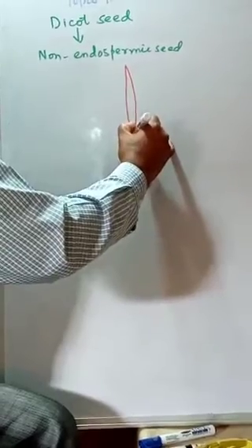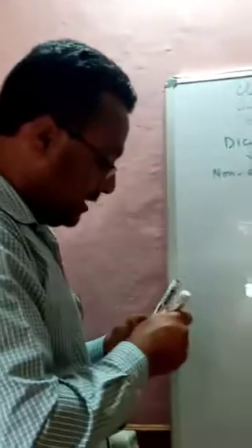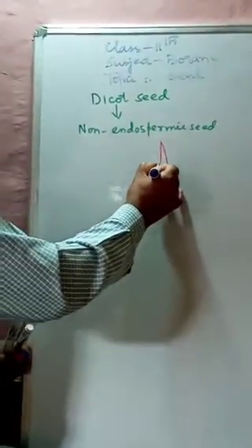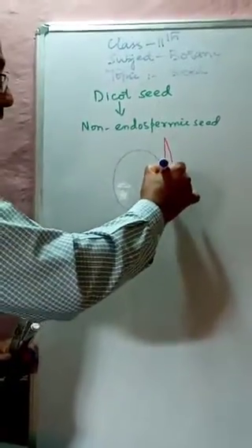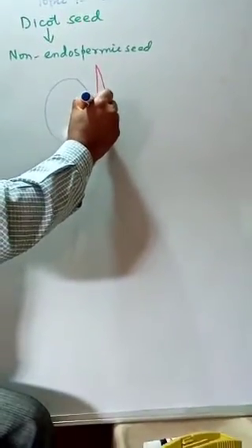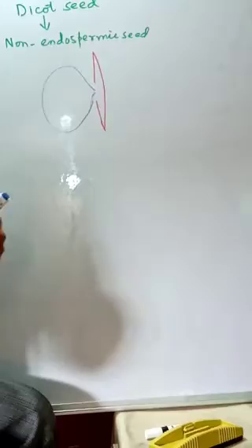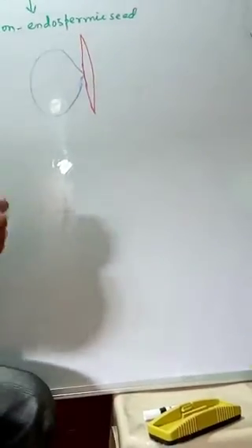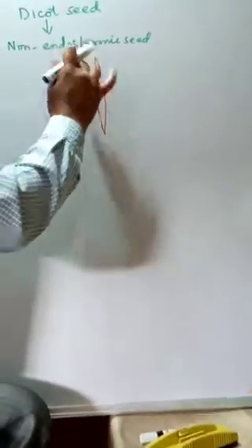Like this is the embryonic axis. Now, what we will see, there are the two cotyledons which are somewhat spherical in shape. And these cotyledons, like this is the one cotyledon and this is the another cotyledon.